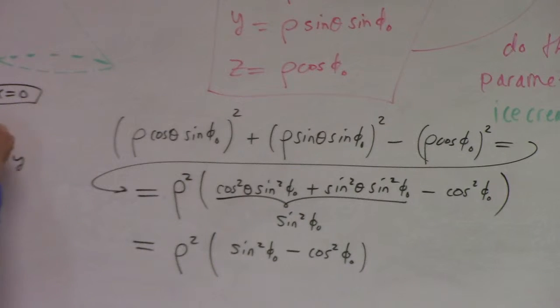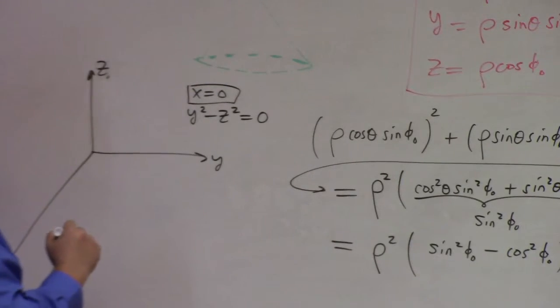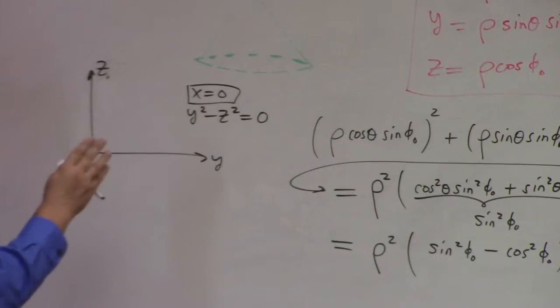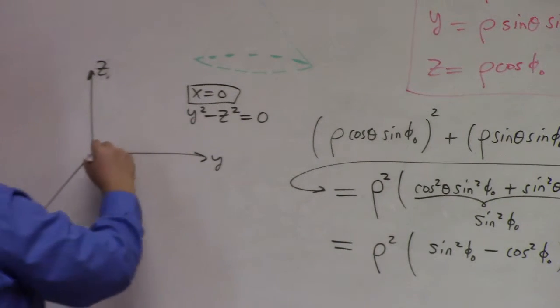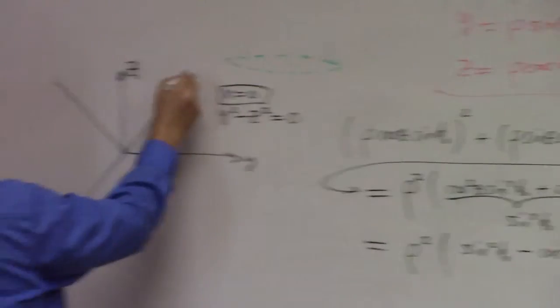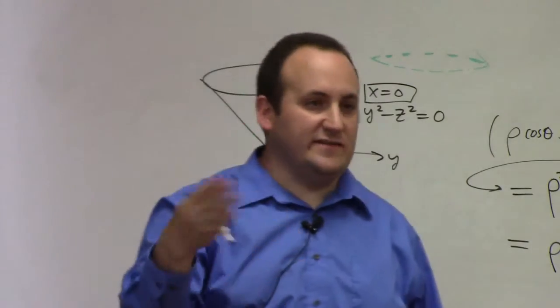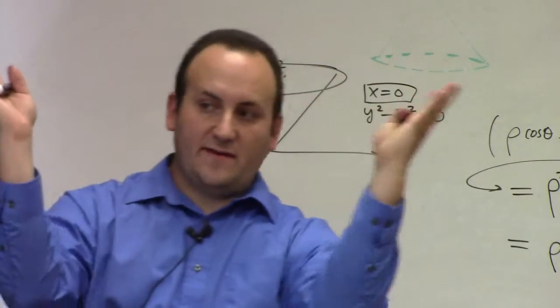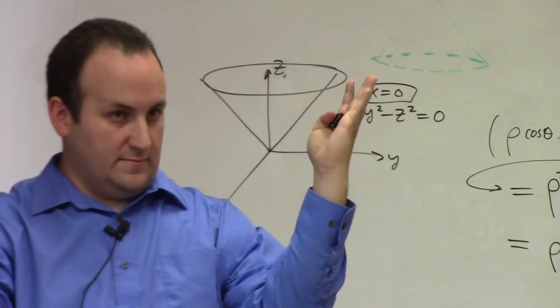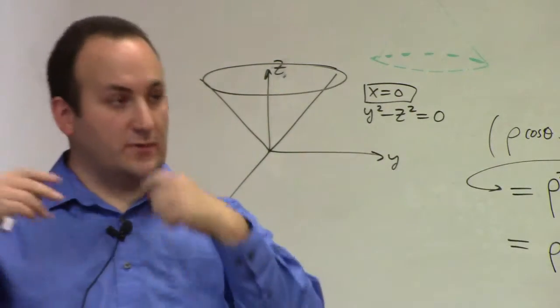You get y squared minus z squared equals 0 for the cone, so you get the lines y is plus or minus z. In other words, the cone on your formula sheet is not just any old cone, it's the 45-degree cone. It has lines of slope 1 on its edges if you look at the coordinate planes.